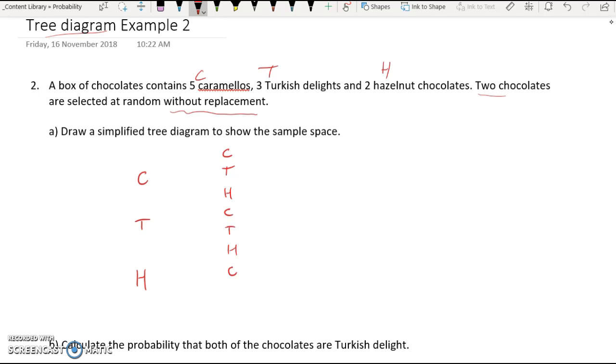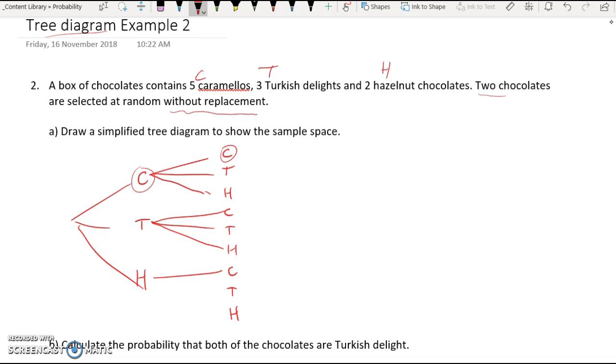And then the same again for each, obviously with this top one, that's where you've selected a caramello first. After that you could select a caramello again, so on and so forth. So we fill in the rest of our tree diagram like that.